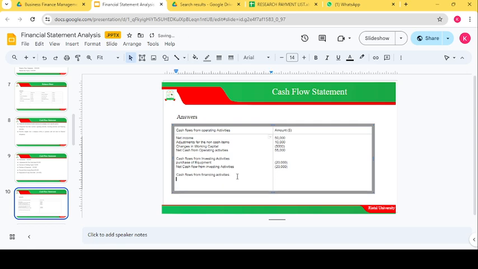So we have proceeds from issuing shares.